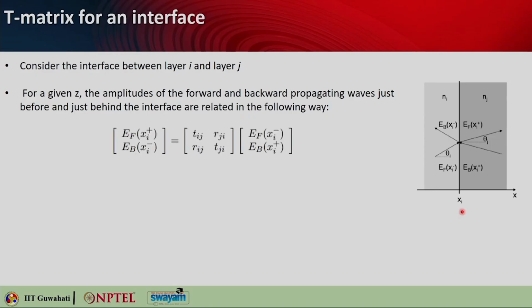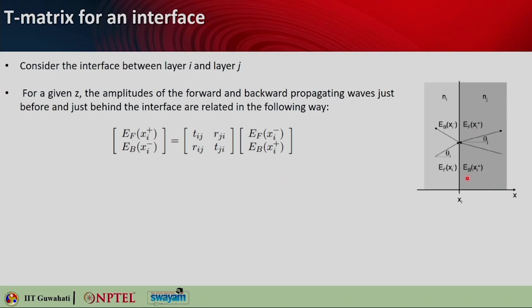Now, we will be writing the forward propagating waves and backward propagating waves in the two regions. So, this is x_i. Anything before x_i we will write as x_i minus, and anything after this x_i boundary we will write as x_i plus.